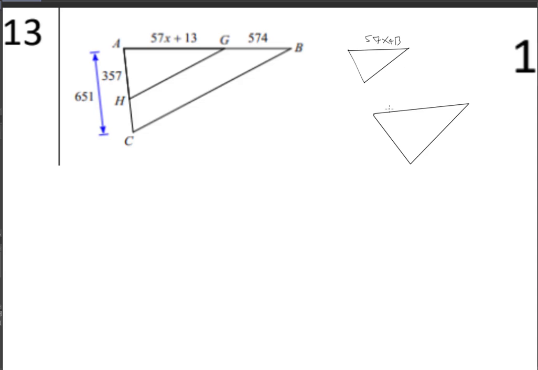Now the question is, how would I get this side here? This is probably what stumped a lot of people today. This side is 357, and this side is 651.